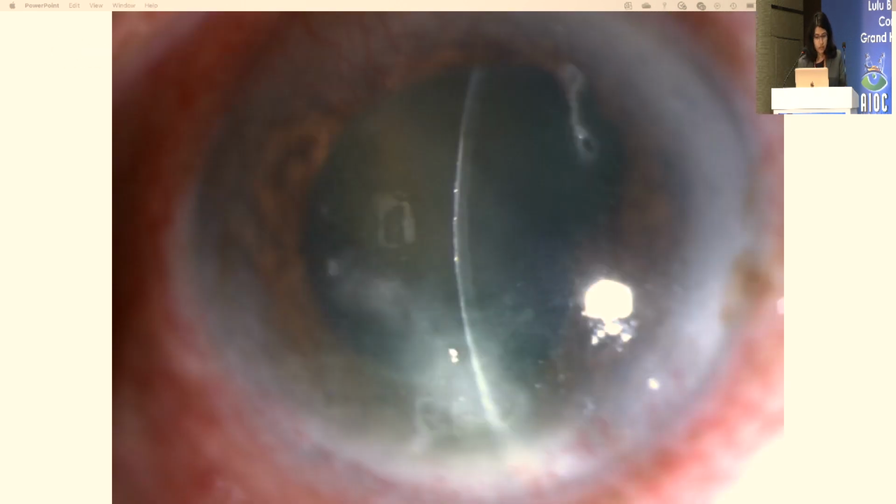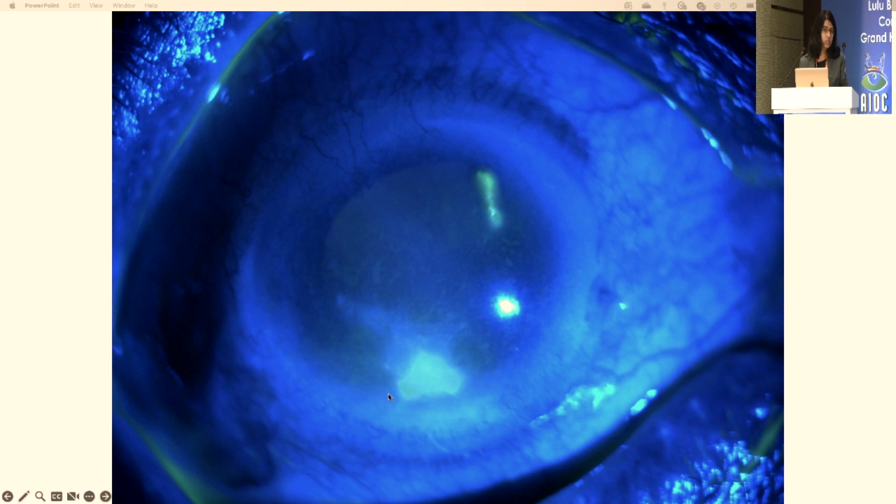Now, this case I wanted to show because there can be this type of a picture, and it really helps us identify that this patient has an HSV infiltrate. Here, there is an inferior infiltrate, and on staining, the margins of the infiltrate have the typical scalloped appearance of a geographic ulcer. So this is also an indicator that the patient has an HSV infection.